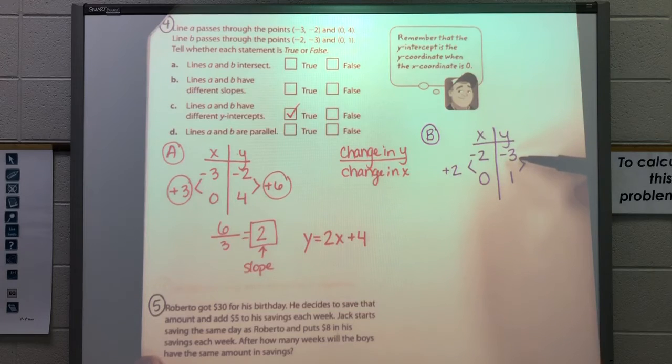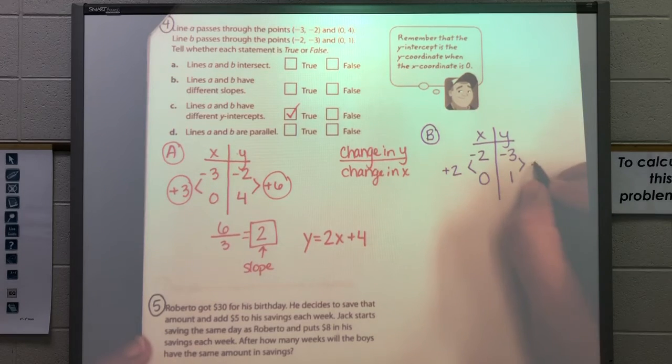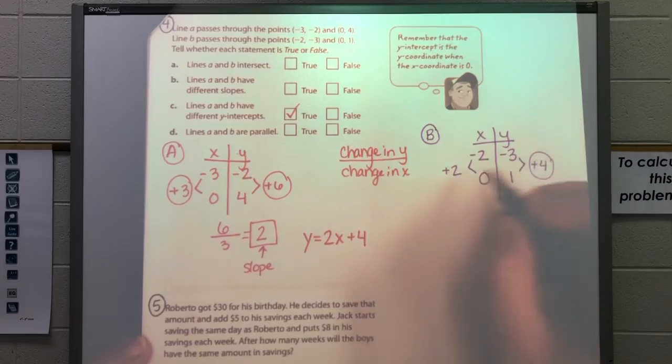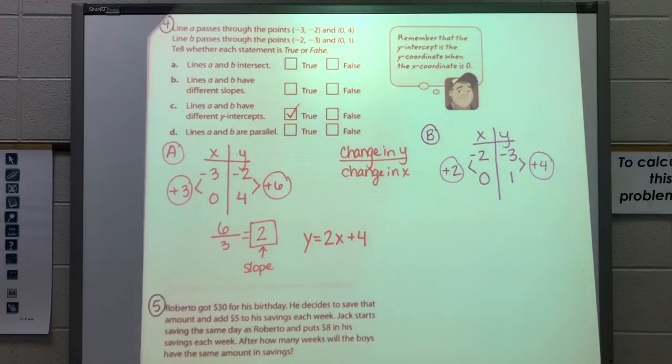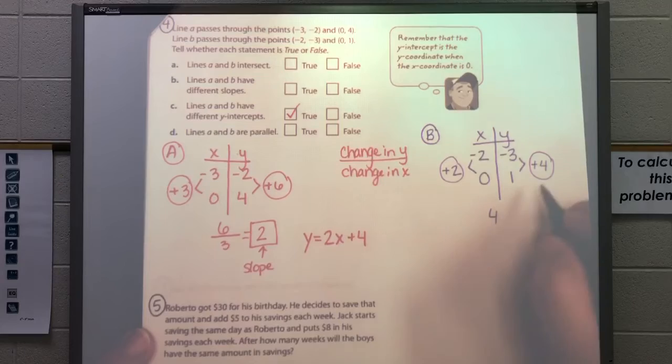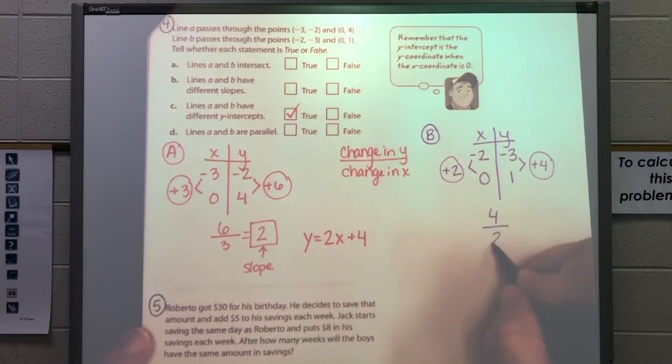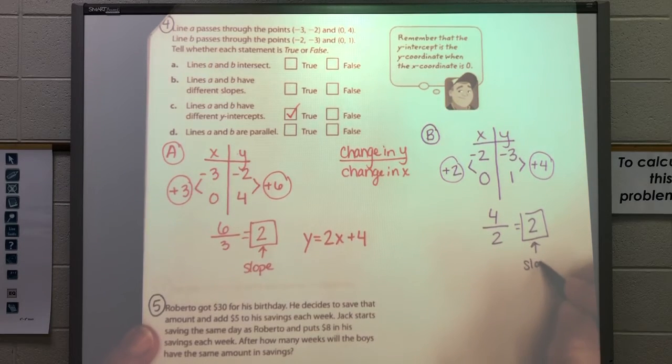From -3 to 1, I add 4. Now think about what I just did with the last problem. It's the same exact process. Your change in y divided by your change in x. So I'm going to take my 4, which is my change in y, divided by 2, which is 2. And again, that value is my slope.